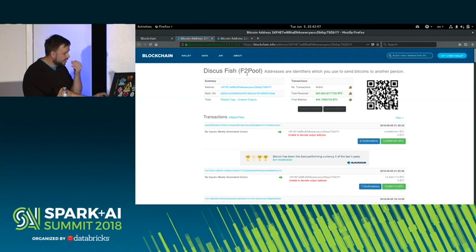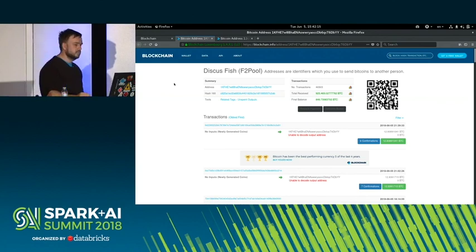A mining pool is something where people can aggregate and mine together and be rewarded together, because it's very unlikely that you will be the one who will mine the block. So people do that to be more frequently rewarded, but with a smaller amount of bitcoins.